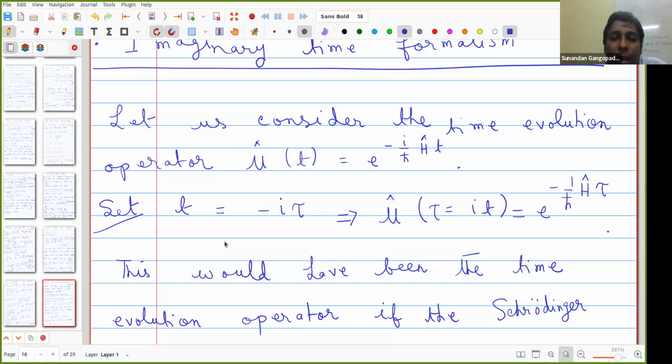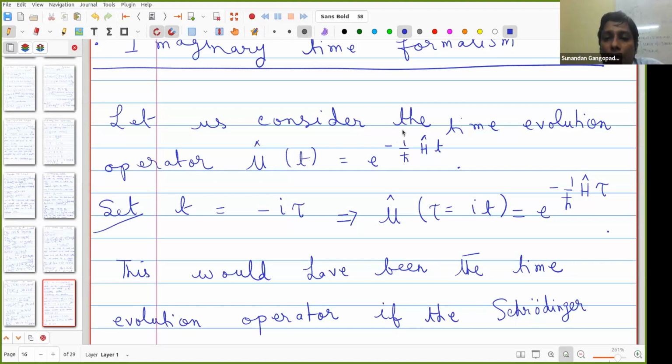What I'm basically doing is rotating my time axis, or analytically continuing the real time axis to the imaginary complex plane. So this time is now imaginary. If you do that, you will see that this time evolution operator U hat(t) now becomes a function of tau. If you set small t to be equal to minus i tau here, then this time evolution operator becomes e to the power of minus 1 by h bar Hamiltonian operator tau.